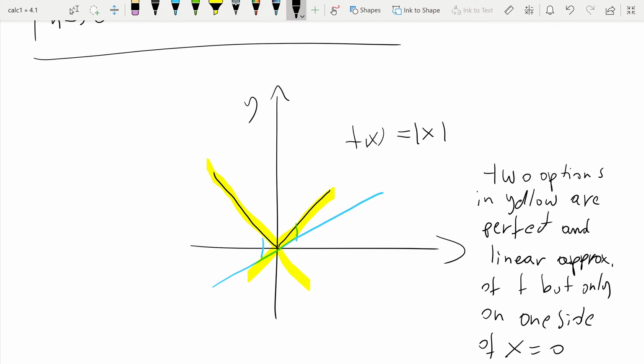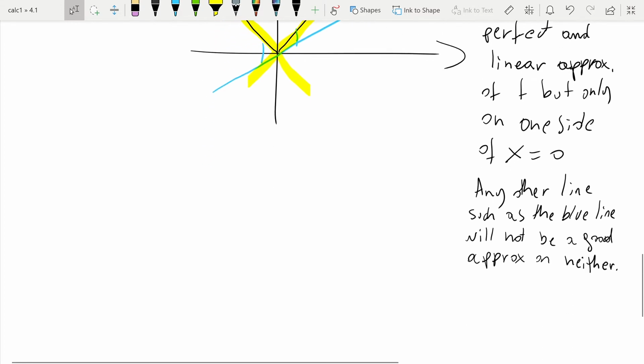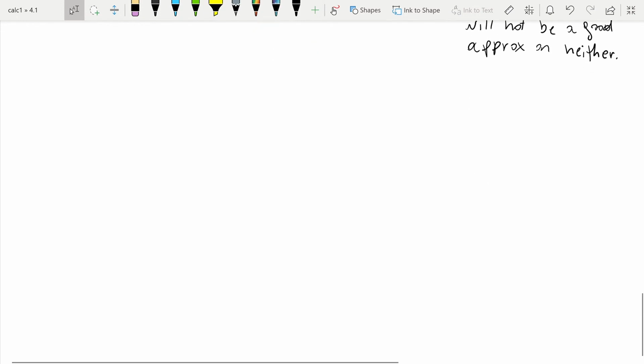There's no linear function that will approximate f at 0 very well. That's why when you have sharp corners, the function is not differentiable.